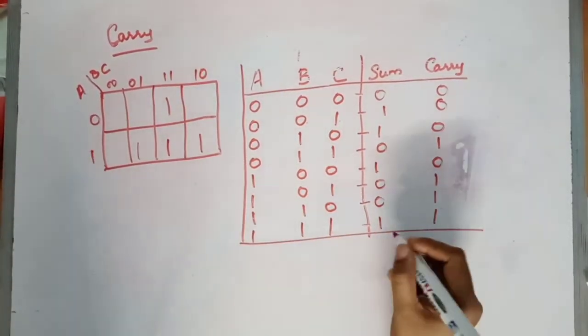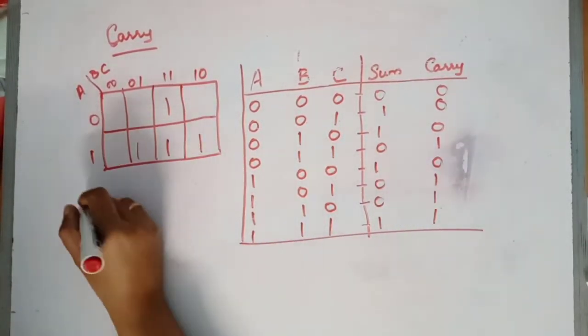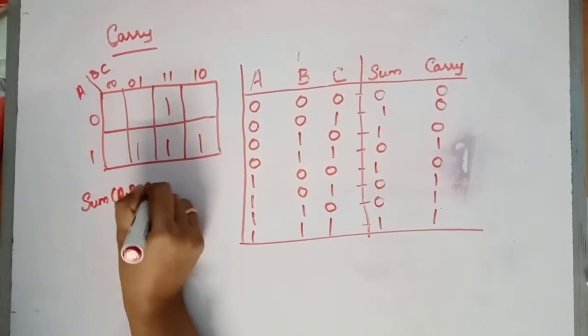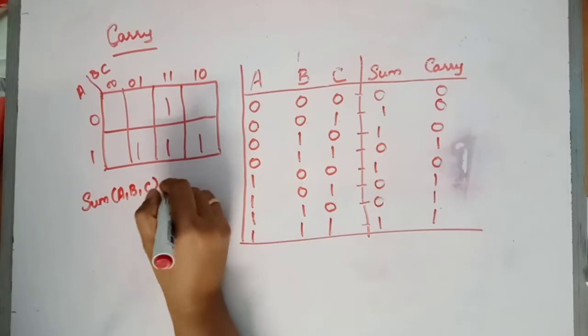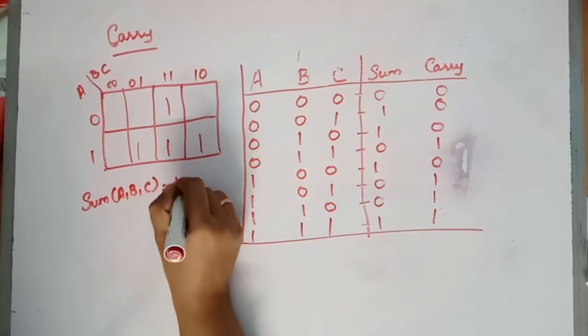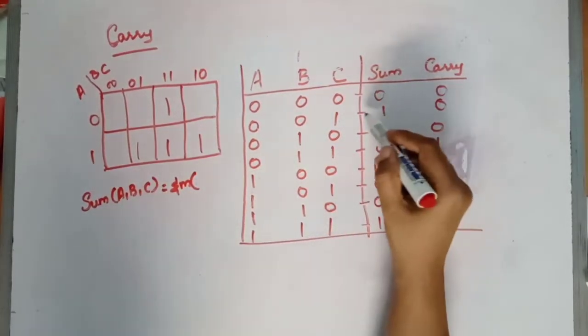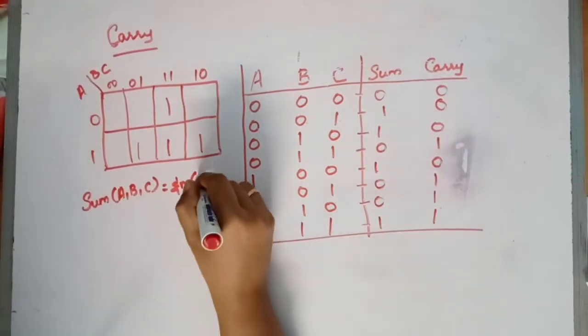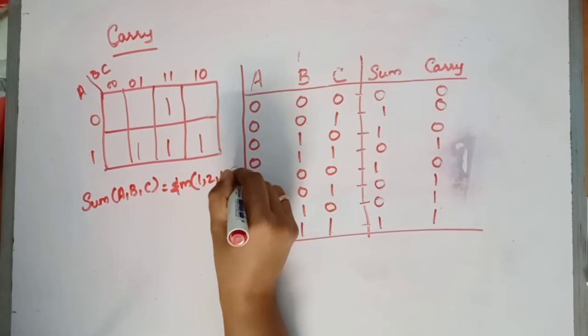Or you can write here that sum is a function of ABC such that sigma m of 1, 2, 4, 7.